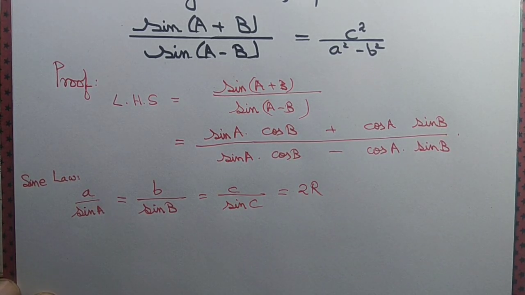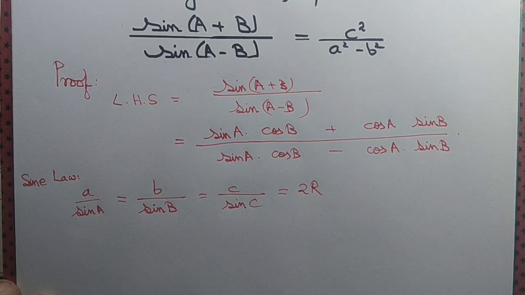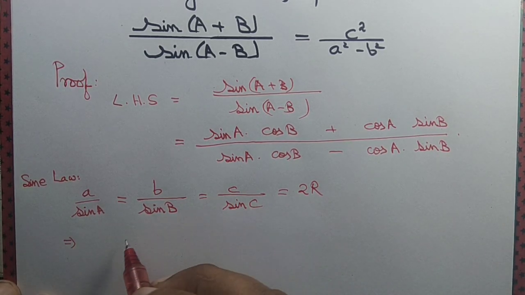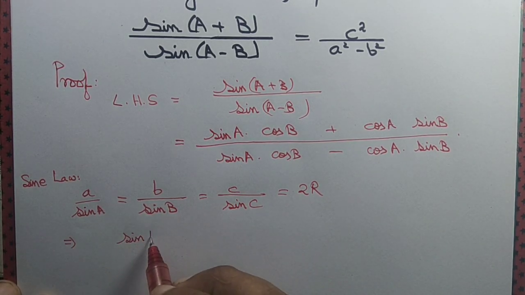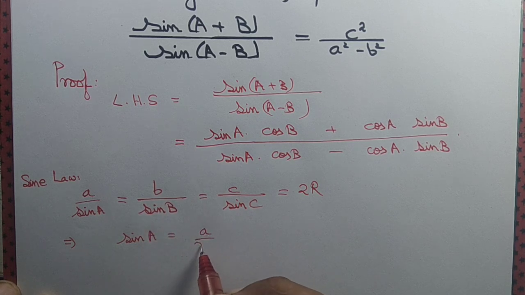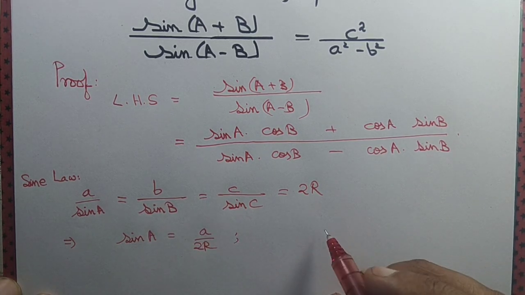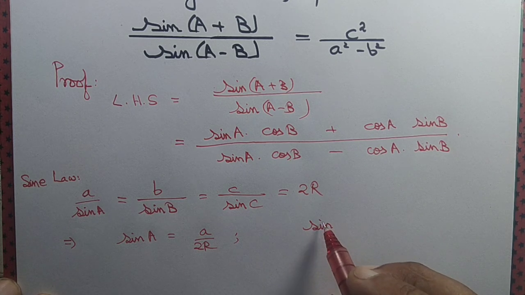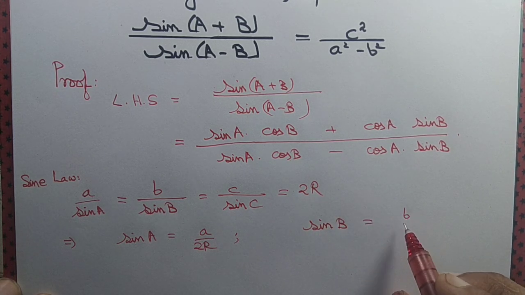So let's apply sine law first, then we will apply cosine law. So that implies sin A equals a by 2r, and sin B is also equal to b by 2r.